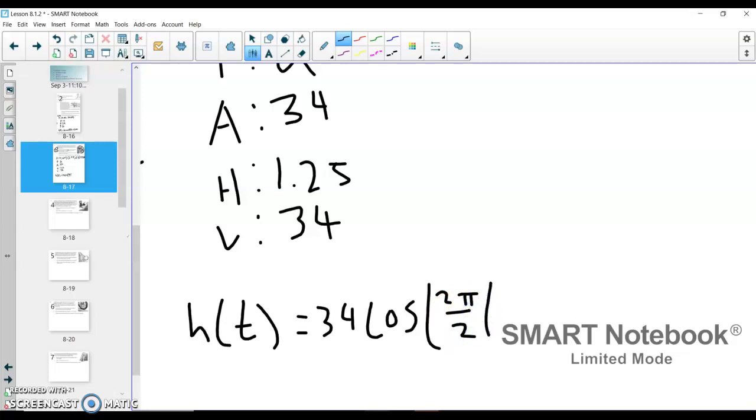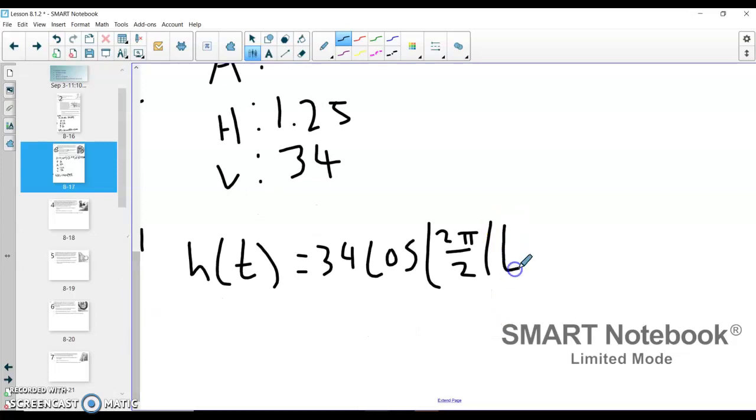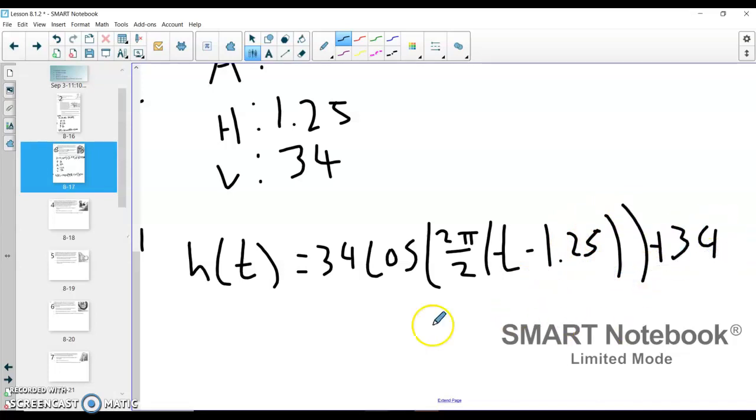I'm going to leave it like that for now, though. 2 pi divided by 2, times t minus your horizontal shift of 1.25, plus your vertical shift of 34. That's the equation that represents this situation. Again, the 2's would cancel, so it's really just pi times that whole thing.